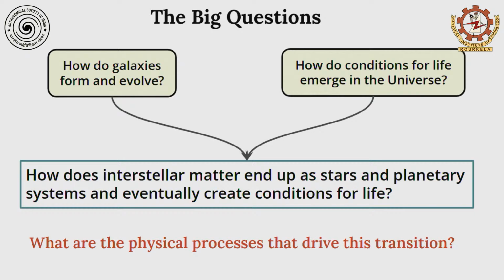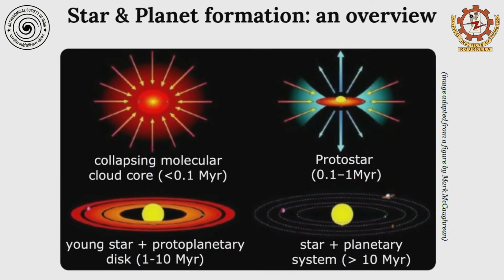Now, it turns out that the physical processes that drive star and planet formation are best studied at smaller scales, by which I mean a few thousand AU to a few hundred AU. I'm going to explain this in this figure.